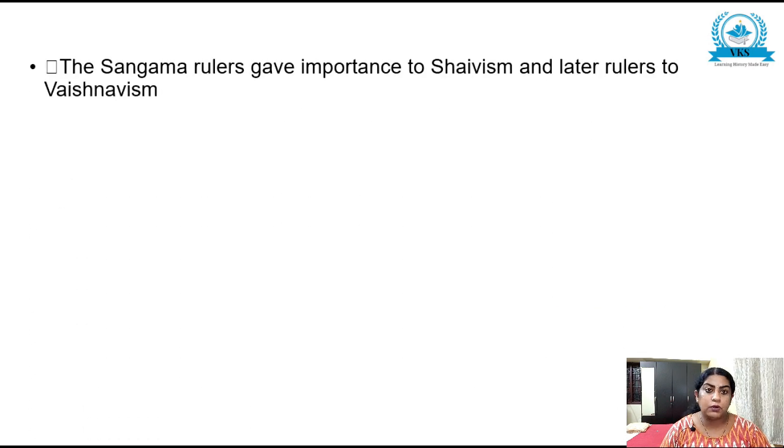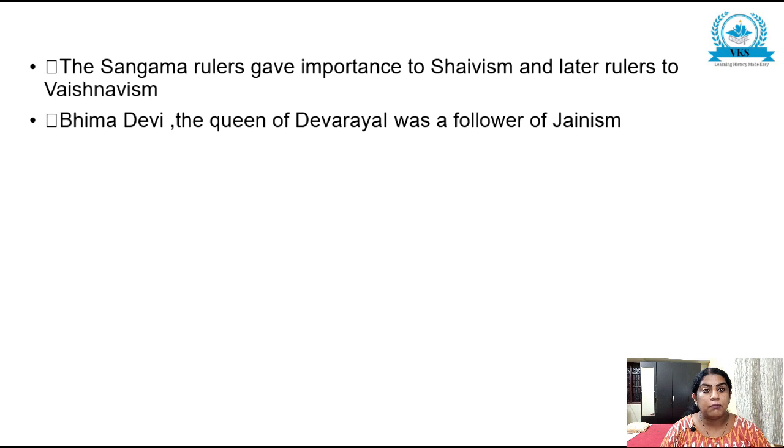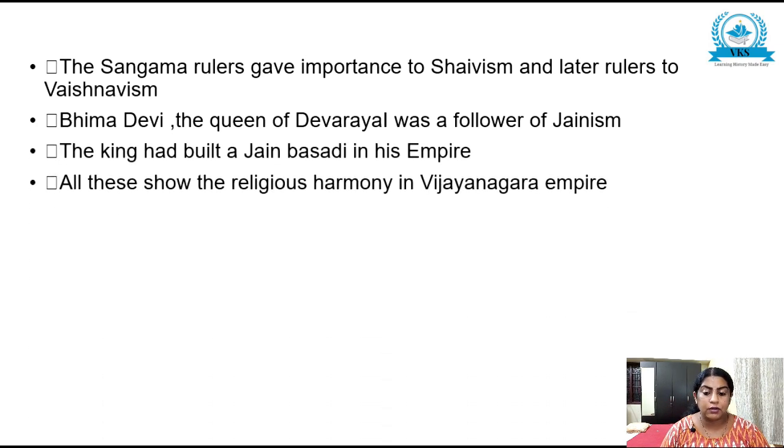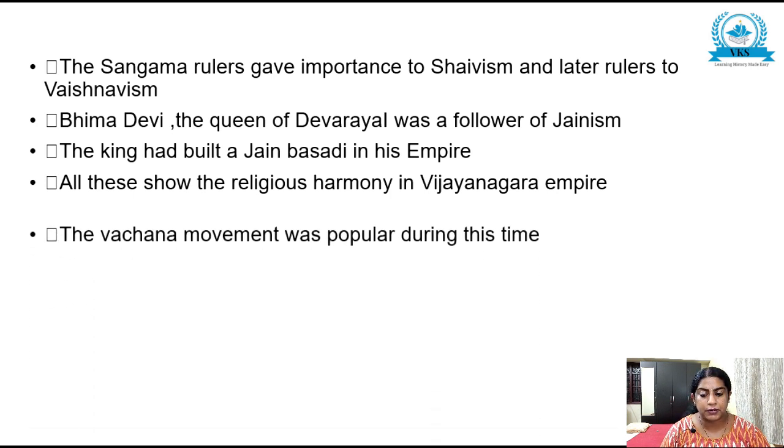The Sangama rulers gave importance to Shaivism and later rulers gave importance to Vaishnavism. Bhima Devi, the queen of Devaraya I, was a follower of Jainism. The king had built a Jain basadi in his empire, and from all these we understand the religious harmony of the Vijayanagara Empire.